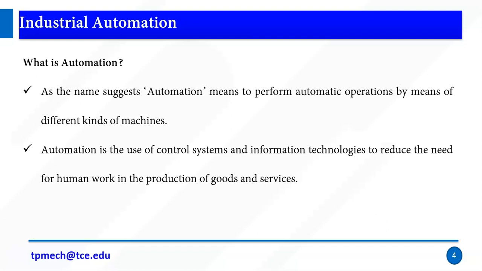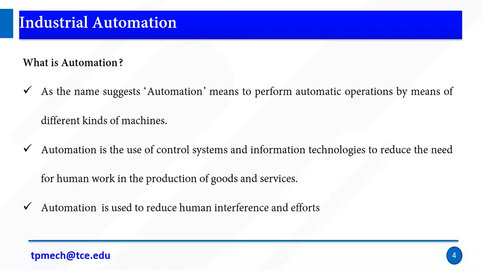Whether the task needs more force or more power, that information needs to be passed on to the system. That is called feedback. Based on the feedback it will change. So we can automate for production or services.